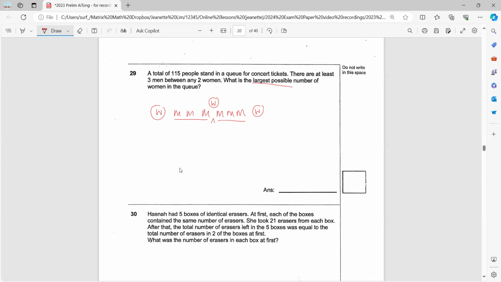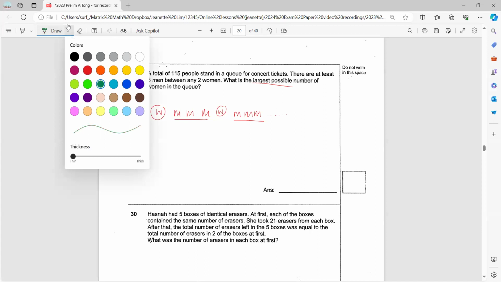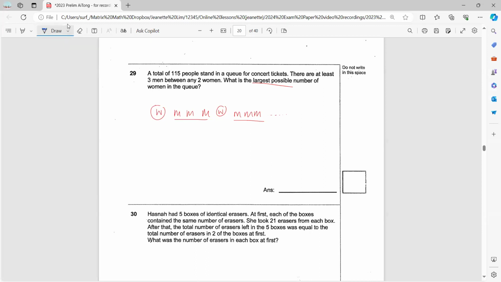This is how we're going to get the most number of women. So every interval there'll be 3 men, so that I can get the largest number of women. So it goes on like that, and what I'll do is I will group this up like that.